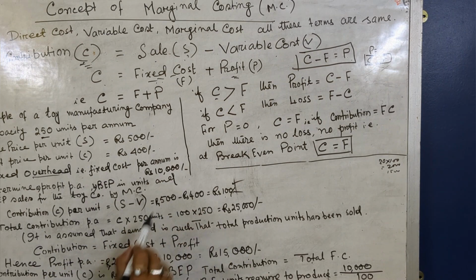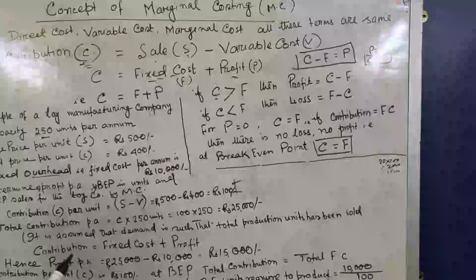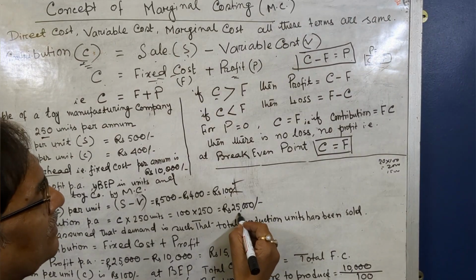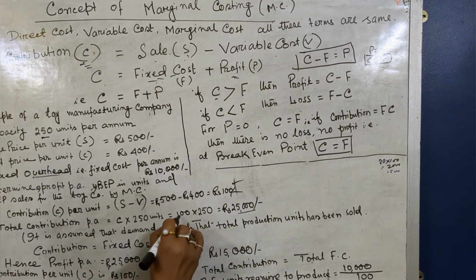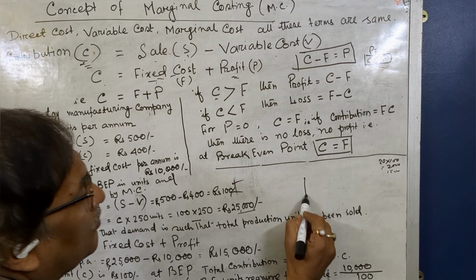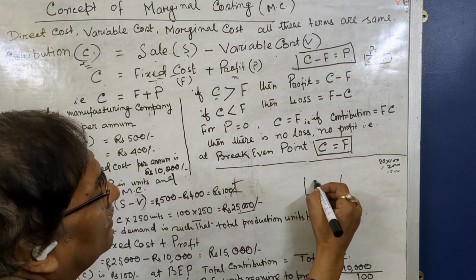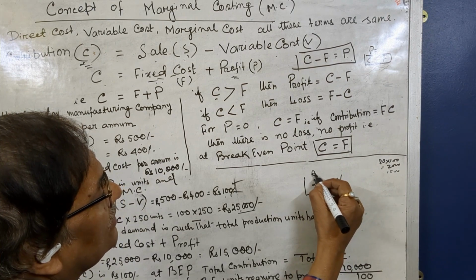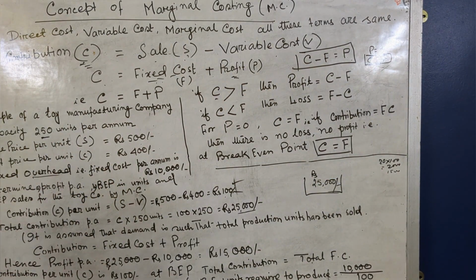Contribution per unit is 100 and you are selling 250 units. That is a total contribution of 25,000, so in your basket you are receiving 25,000 rupees of contribution by selling the toys.